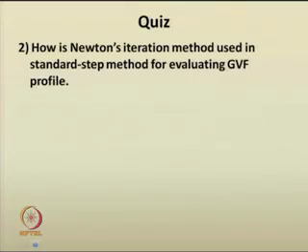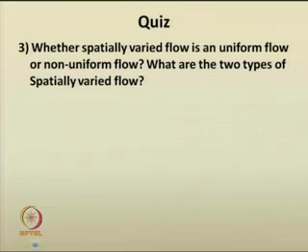Your second question, how is Newton's iteration method used in the standard step method for evaluating GVF profile? Newton's method, you should be aware, is not only related to open channel hydraulics. So, you have to tell how that method can be used here. Your third question, whether the spatially varied flow is a uniform flow or non-uniform flow. What are the 2 types of spatially varied flow?